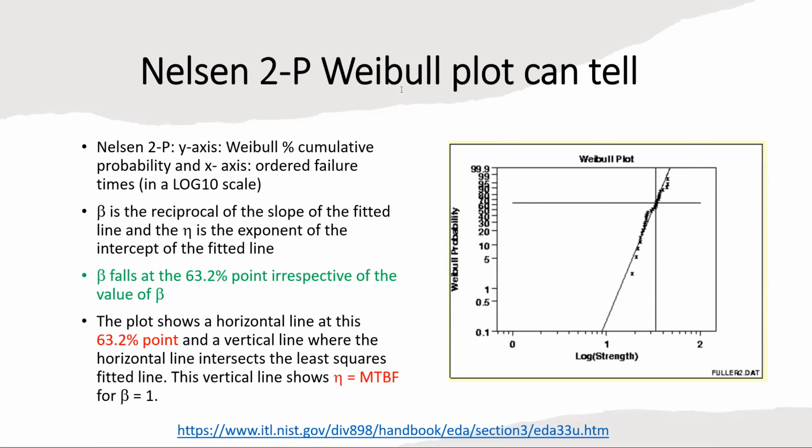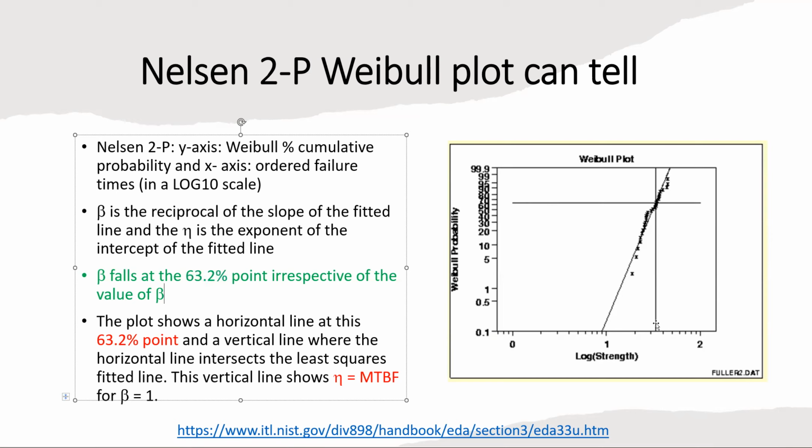And then the Nelson 2 parameter Weibull plot can really help you, or at least from the NIST. Now, if you plot in the Nelson manner, with log scale in this direction and the Weibull probability on the y direction, and then according to your rule, you could add the 63.2%, you get your beta.